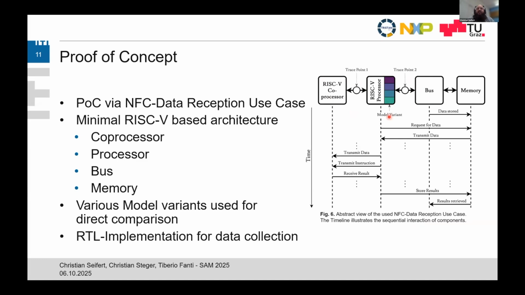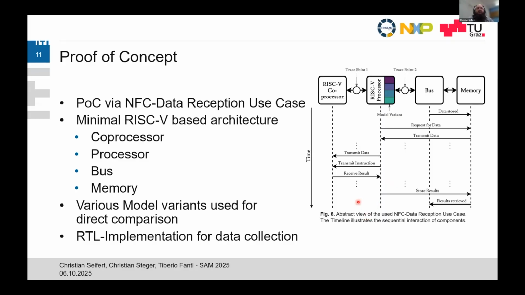This logging data was then used to back-annotate the processor system component. Like I said, this was the component we focused on. Also visible in the figure is that the processor has a variety of model variants, which we will talk about in a second. Furthermore, the figure also displays a sequential chart of the system components' interactions.